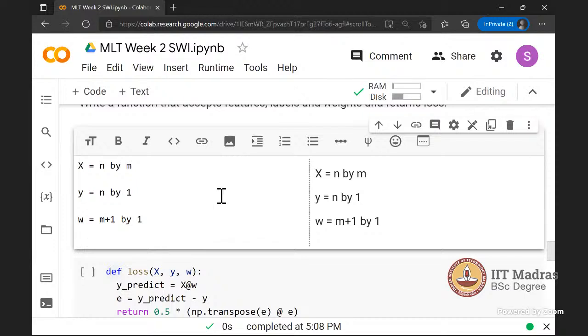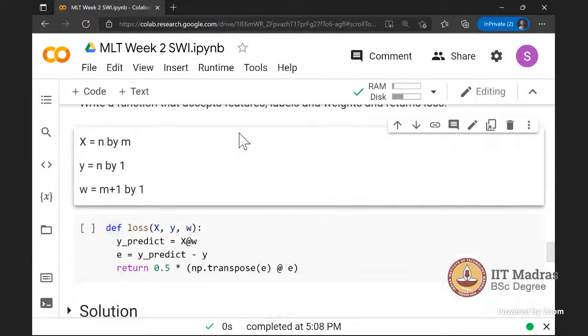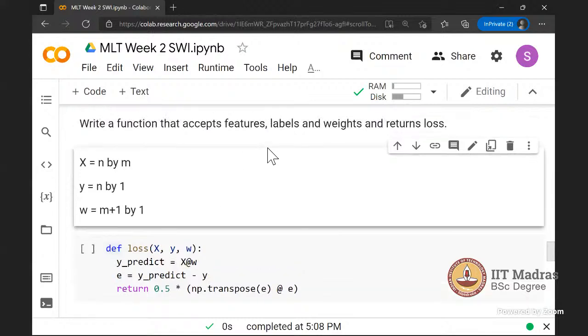Something like this. So is this clear? In the example you have given, we have to add the dummy feature too, right? For that, we already have the dummy feature, which is W0.